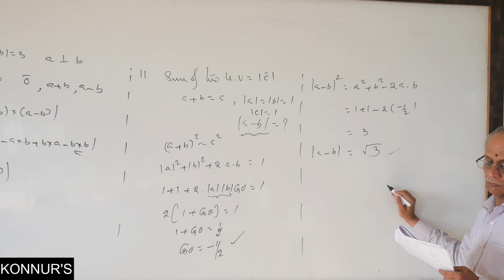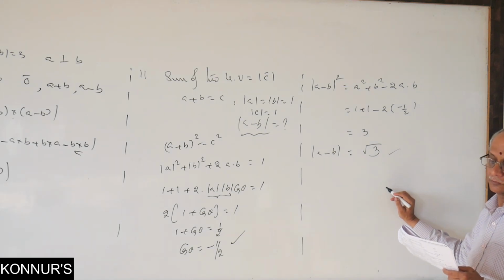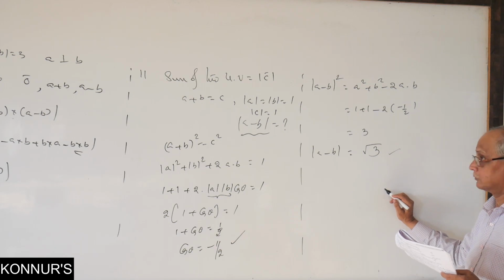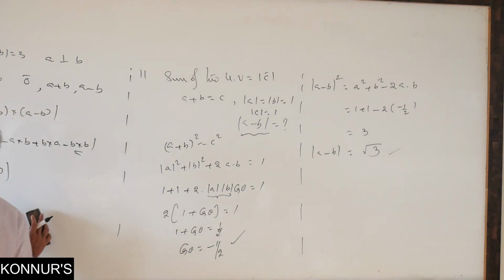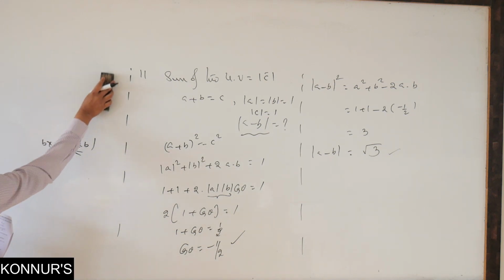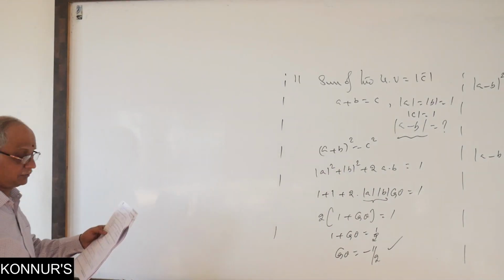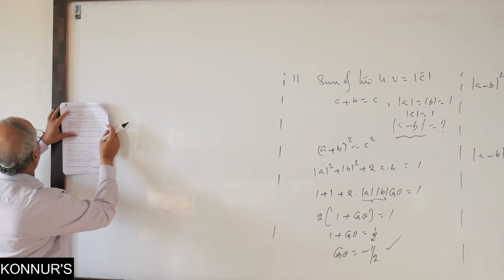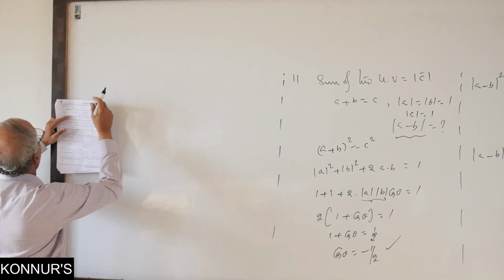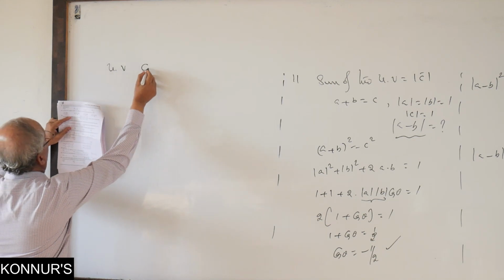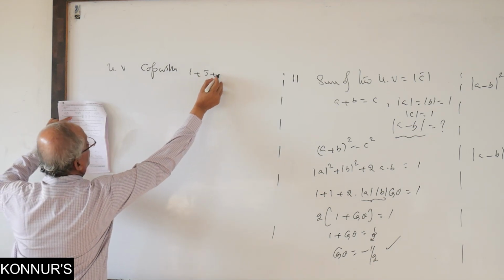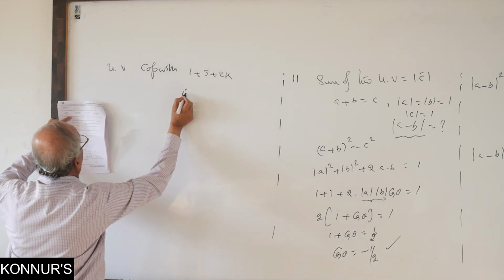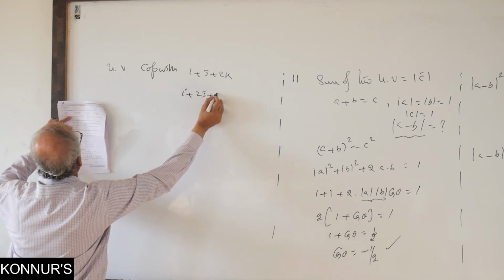Next, question 12. A unit vector coplanar with i plus j plus 2k and i plus 2j plus k is given.